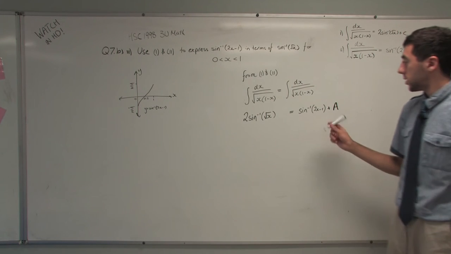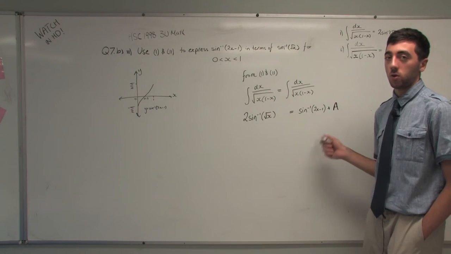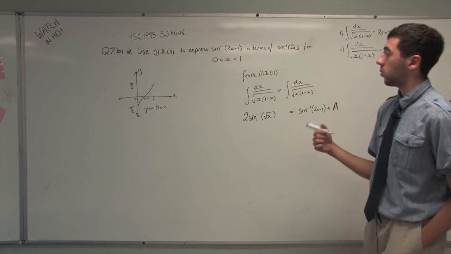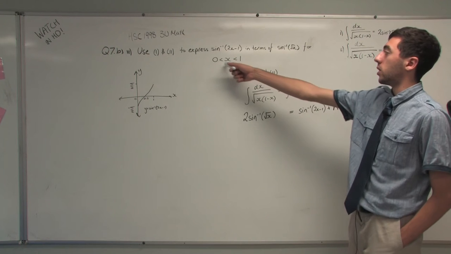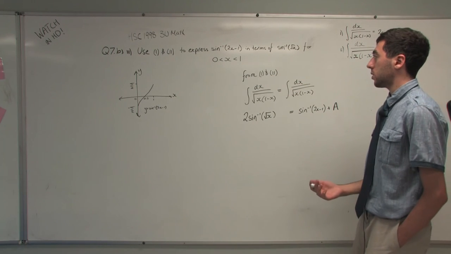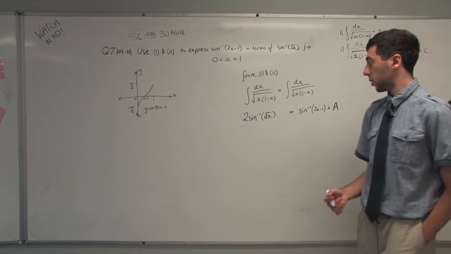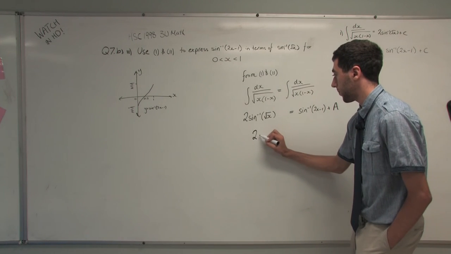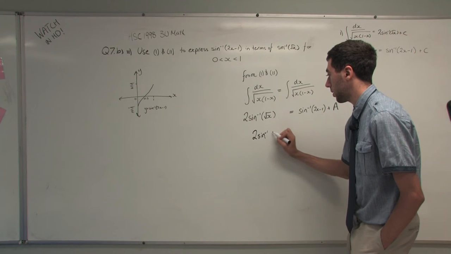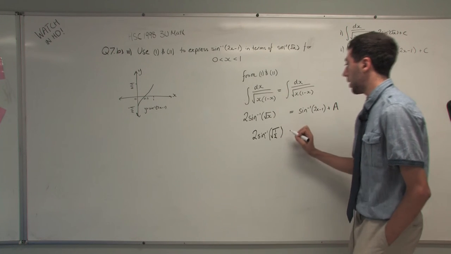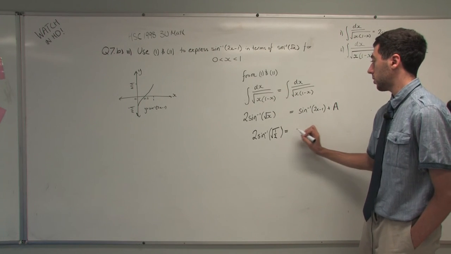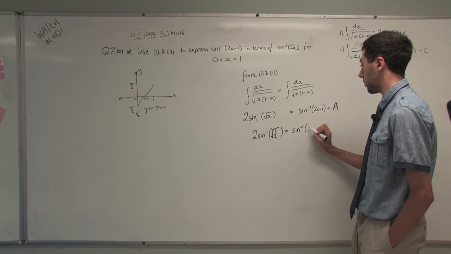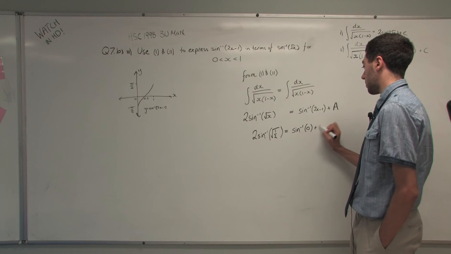So now we just need to find our constant a. And what does that mean? It just means substituting a value in. Because we're dealing with x between 0 and 1, for convenience, I reckon we should substitute x equal to a half, and we'll see where that will take us. So we've got 2 sine inverse of the square root of a half, and that's equal to sine inverse of 2 times a half, which is 1, 1 minus 1 is 0, and that's plus a.